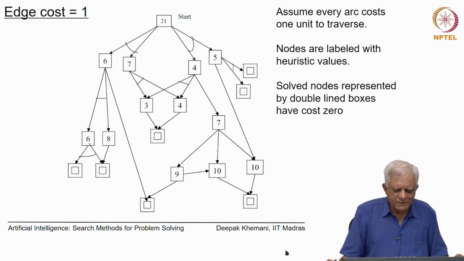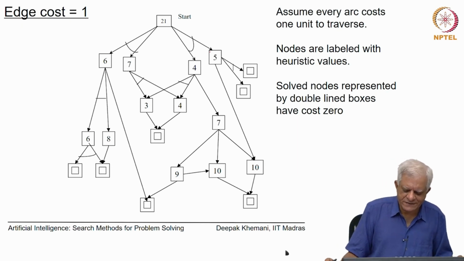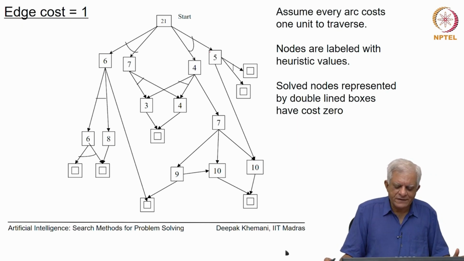So, here is a problem that we are trying to solve. The values in the nodes are the heuristic values as given by some heuristic function, and we have not mentioned the h cost here because we are going to look at two h costs, but in the first case we will assume the h cost to be 1.